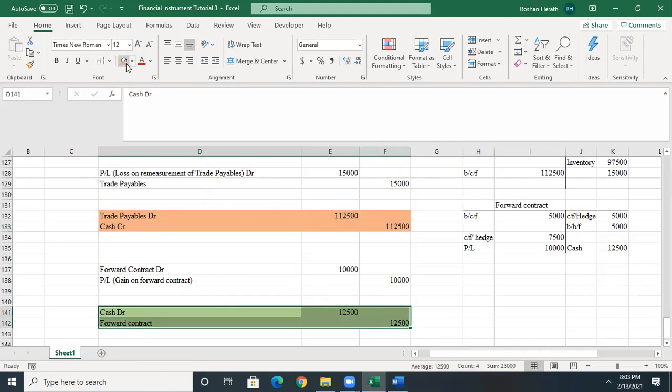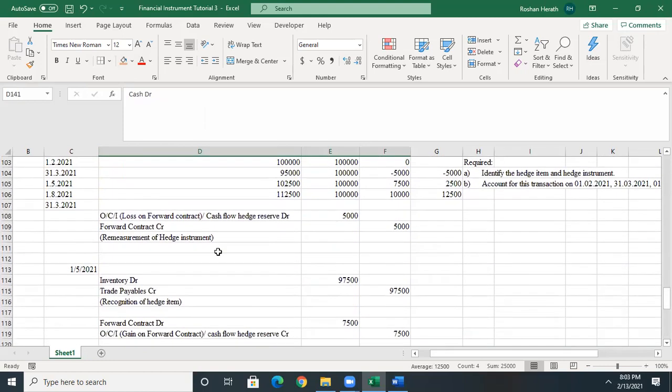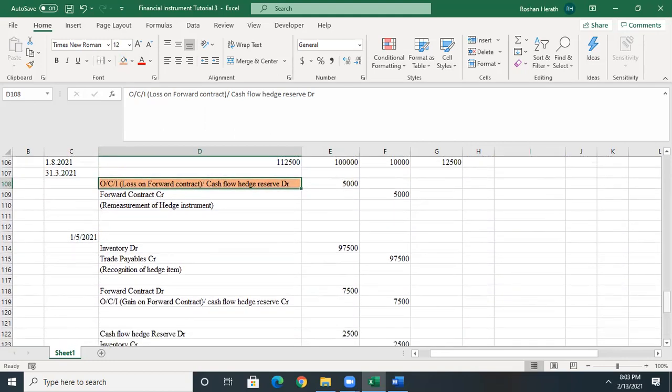But the difference was witnessed in certain circumstances, especially until you recognize the hedge item, you had to recognize gains and losses in OCI, which in turn goes to the cash flow reserve, and also you had to do a remeasurement, and that is the day on which you recognize the hedge item. You had to do that again.